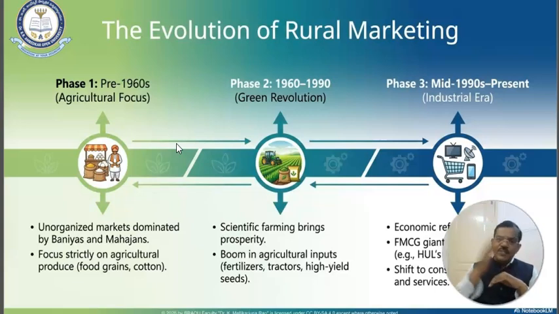But after the Green Revolution, in the phase 1960 to 1990, scientific farming brings prosperity in the agriculture sector. The boom in agriculture inputs like fertilizers, tractors, and high yield seeds has given rapid change in agriculture in India.